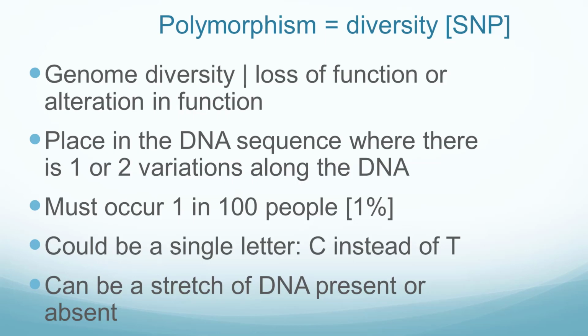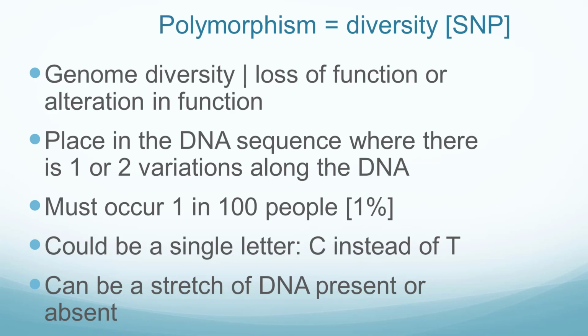Our next topic is polymorphism, which is genetic speak for diversity. One thing that you might hear called is a SNP, which stands for single nucleotide polymorphism. That's where just one of the nucleotides is changed. This is a way of talking about genomic diversity. It can be a loss of function, a gain of function, or another alteration in function.